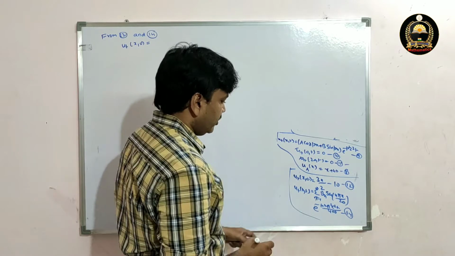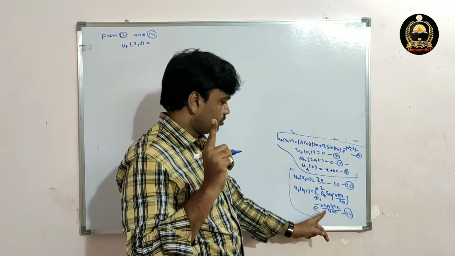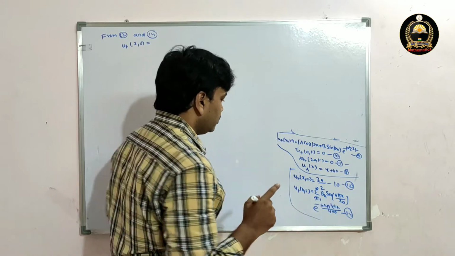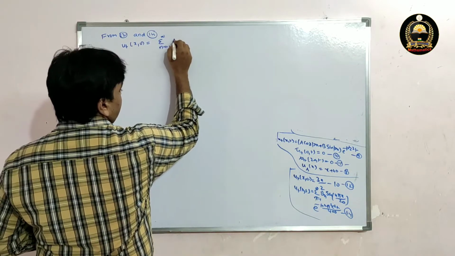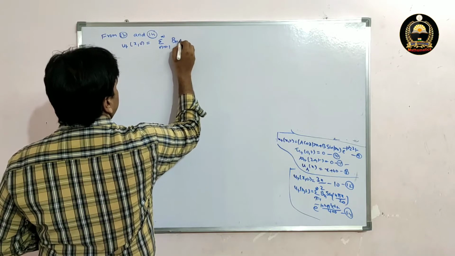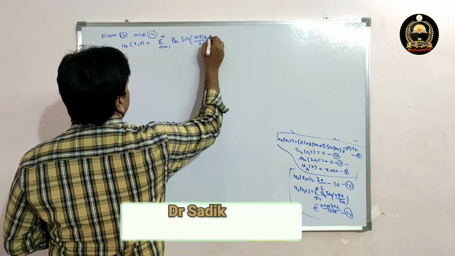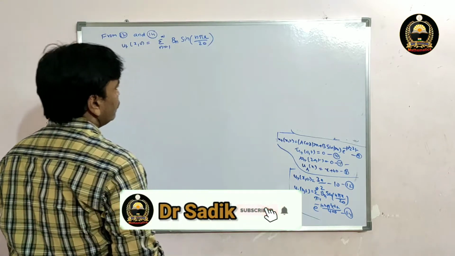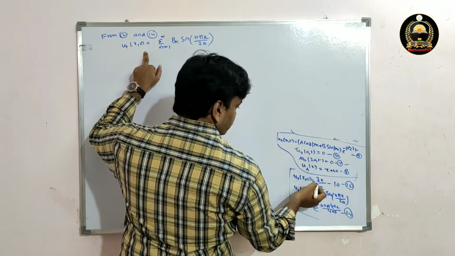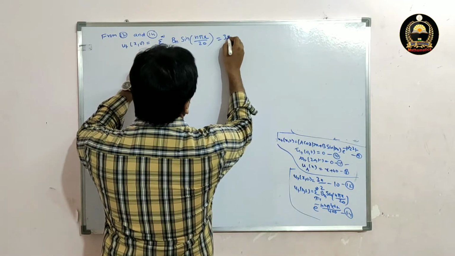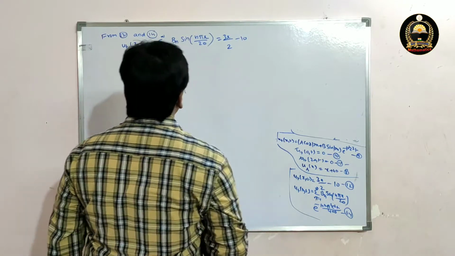So where I have t, e power 0 is 1, so we get sigma n is equal to 1 to infinity bn sin n pi x by 20. Now this u of x comma 0 value is equal to 3x by 2 minus 10.